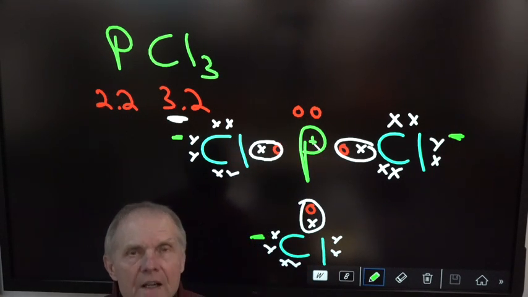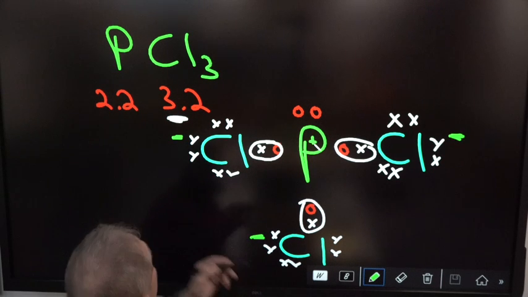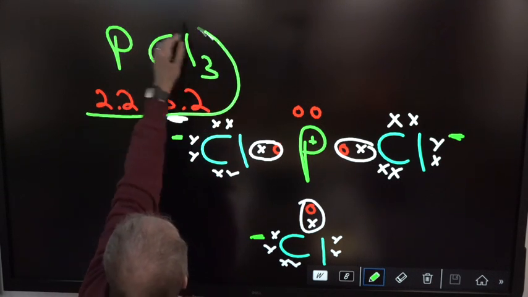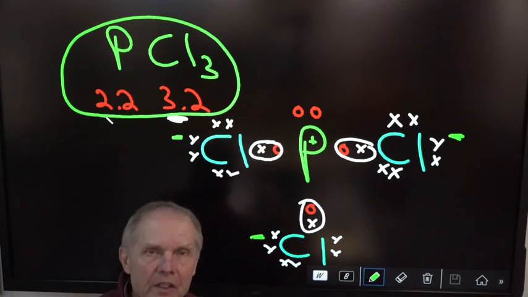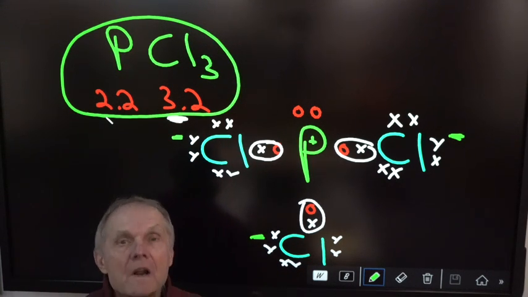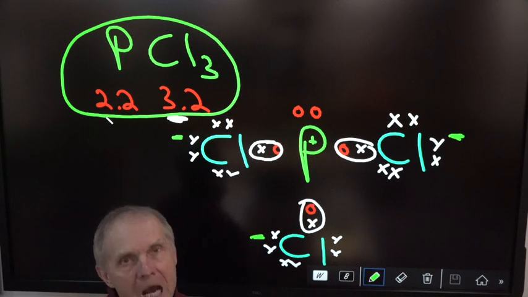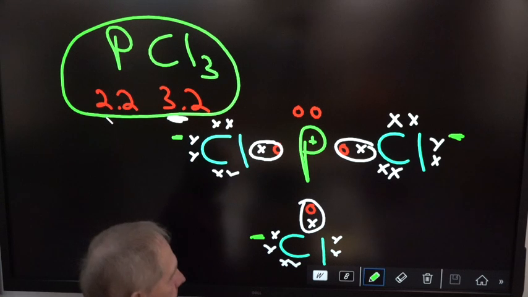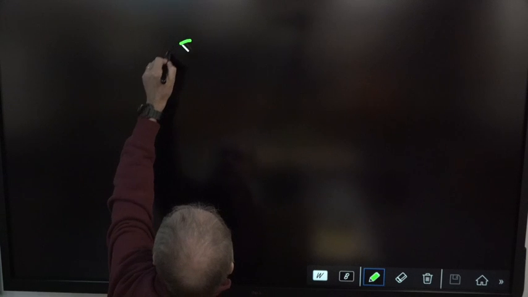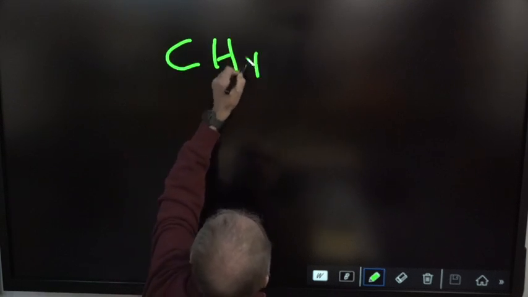But once again, to have a polar bond, all you need to do is look at the two nonmetals. If they have different electronegativities, one's going to pull harder. That's a polar bond. All right? Another one. Let's go with this one. CH4.